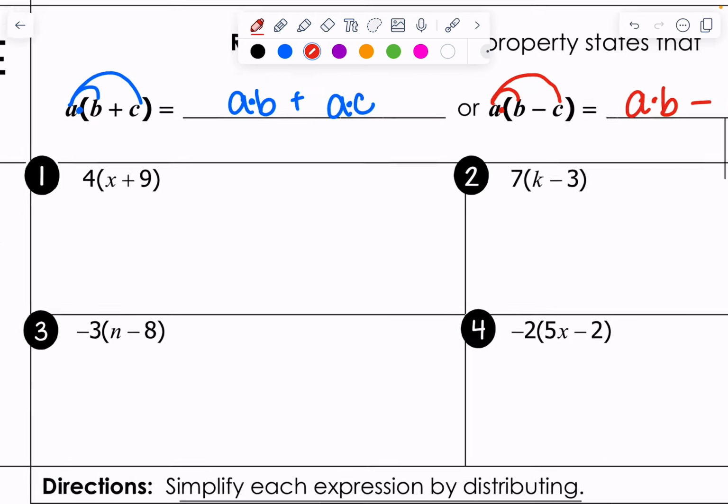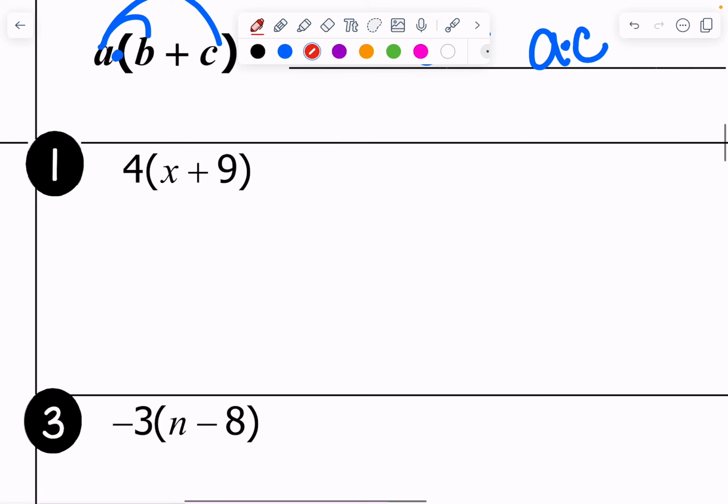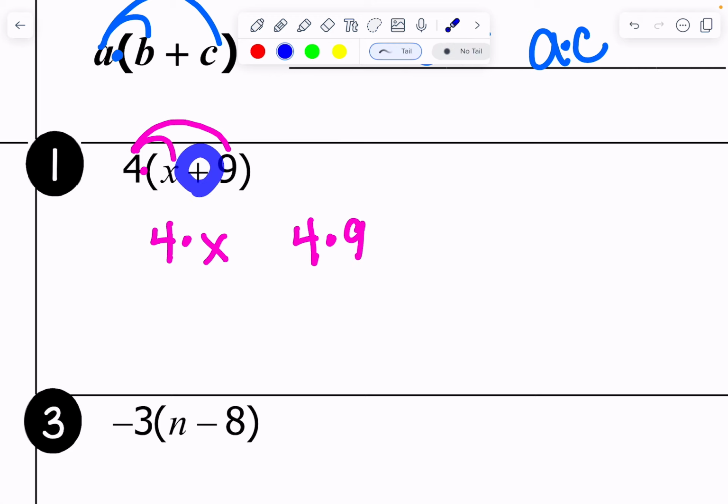I'm going to zoom in here and we're going to look at example 1 together. Notice how I have 4 times the quantity x plus 9. We are going to remember that this means times when there's nothing in between 4 and the parentheses. We need to take 4 times x, and 4 times 9, and we're going to keep that addition in between.